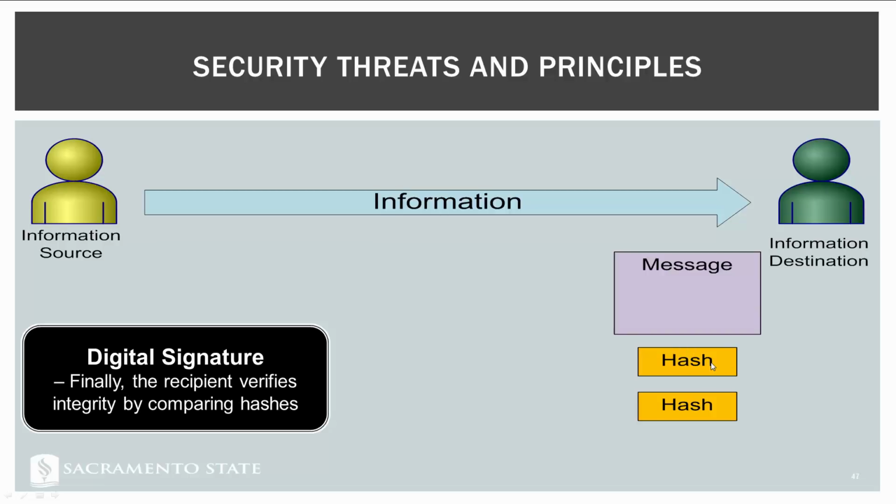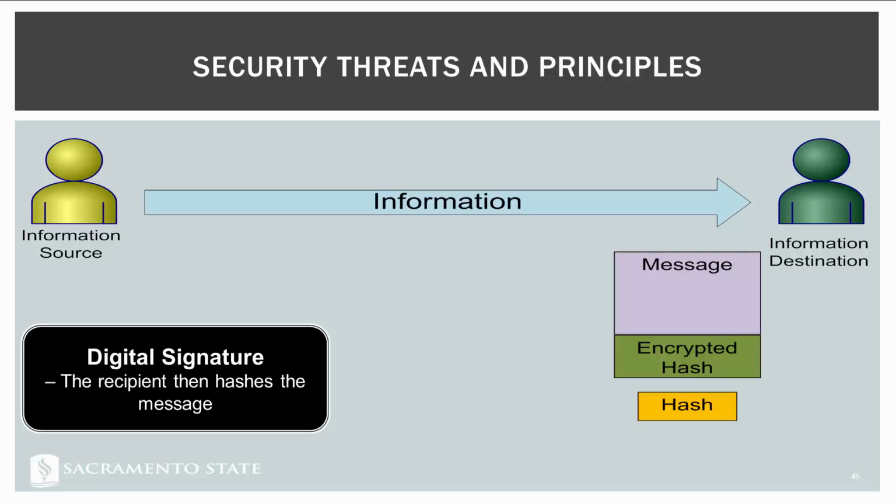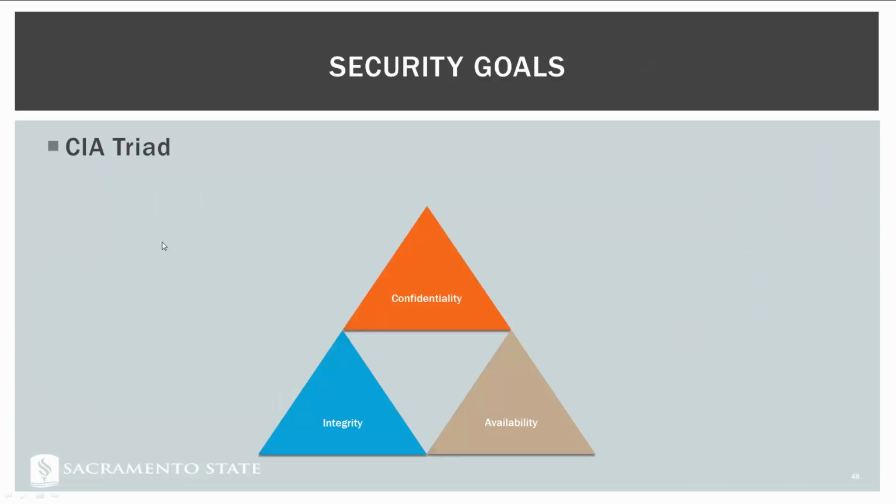Now, how do we know that it actually comes from the actual information source? Well, what happens is the information source, if they encrypt the message with their private key, which only they should have, it doesn't matter. Anyone can decrypt the message with their public key, because everyone can have the public key. But you can know that if a message can be decrypted by someone's public key, then it has to be from that information source. That's how digital signature works.